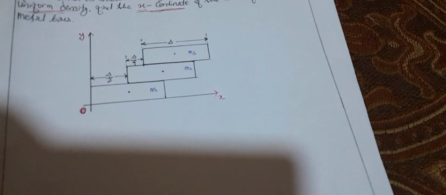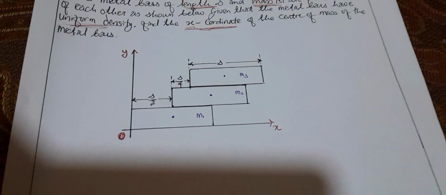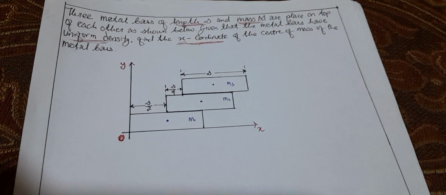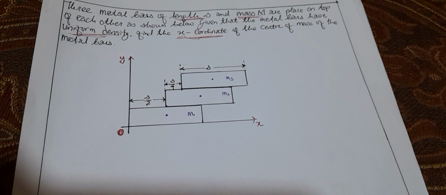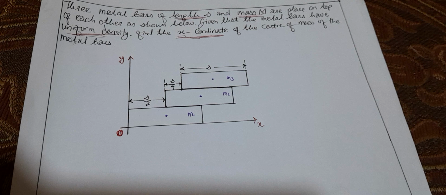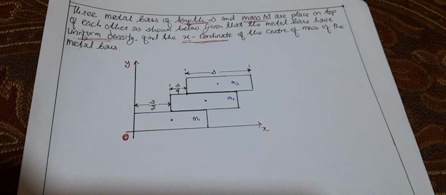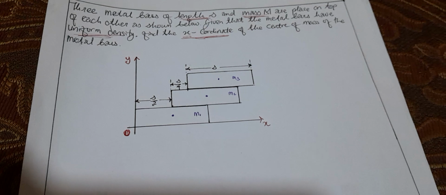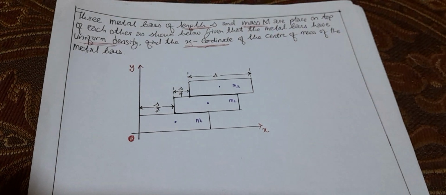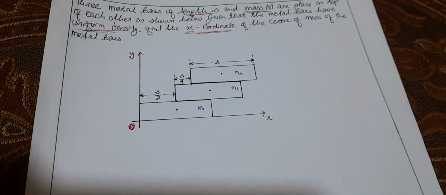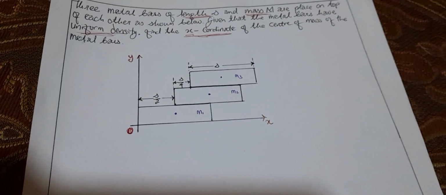It might not be drawn to scale, but those points seem to be the center of each metal bar. Another thing to note is that the bars are equal, so if the length of each bar is S, half of it is S over 2.